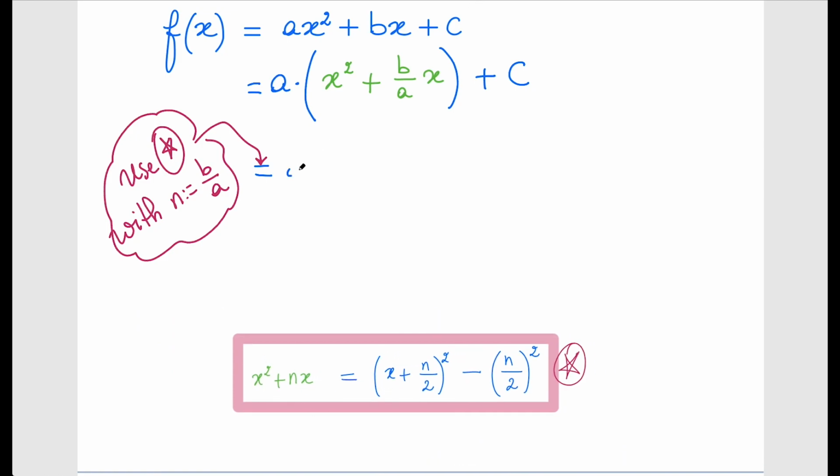We get a, that's the a, times, let's keep the green in green, plus c, right? x squared plus b over a x, that's going to be this part with n to be b over a. Let's copy.